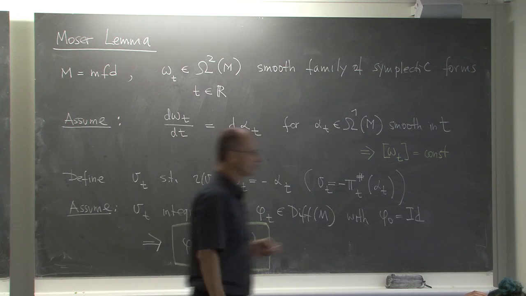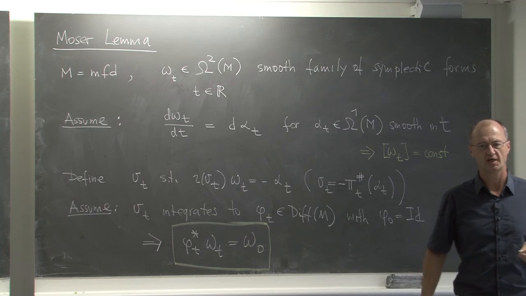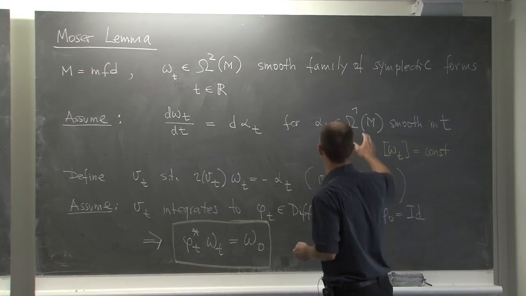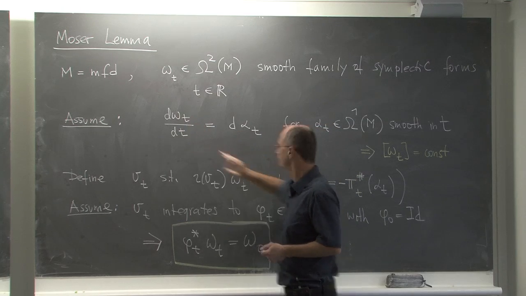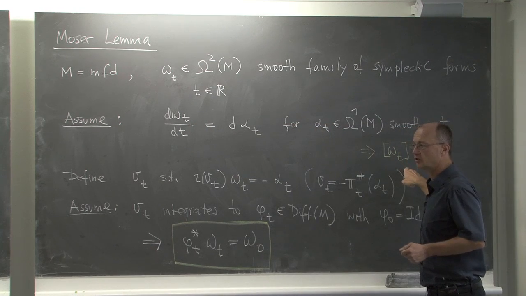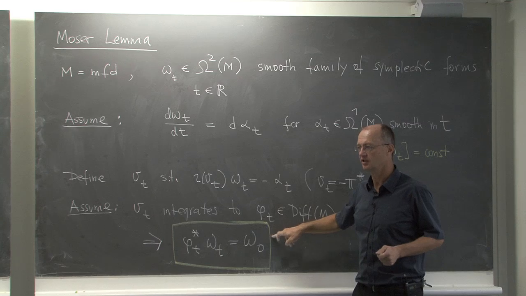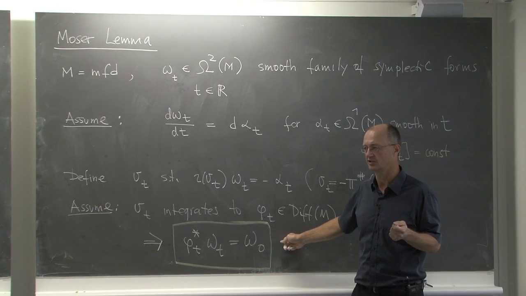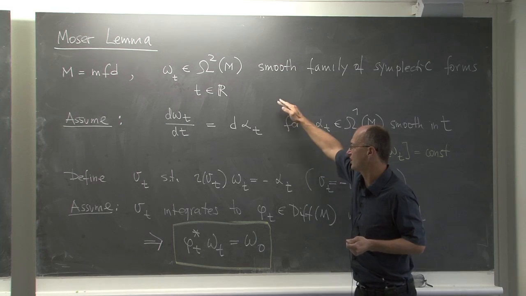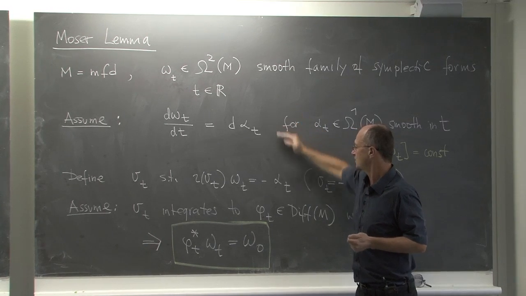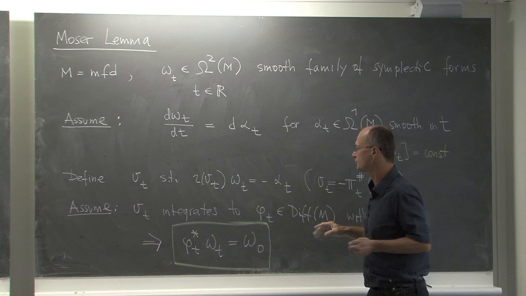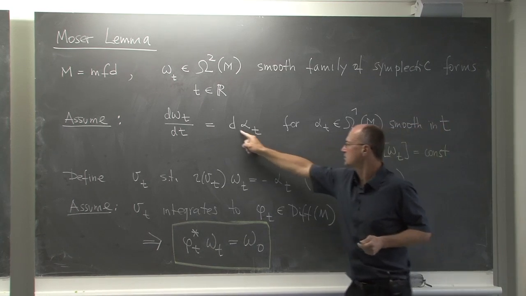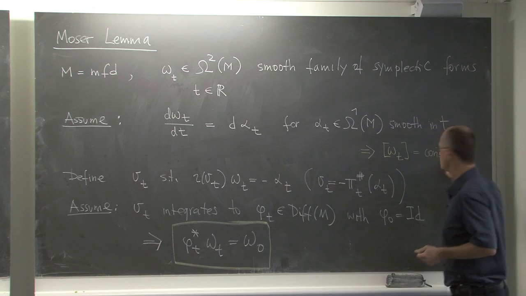Sometimes the Moser lemma is formulated, not completely accurately, in the following way: if you have two symplectic forms in the same cohomology class, then the manifolds endowed with these two forms are symplectomorphic. If you want to do it accurately, there are a few assumptions on the way. This is not a very serious assumption if you assume this.